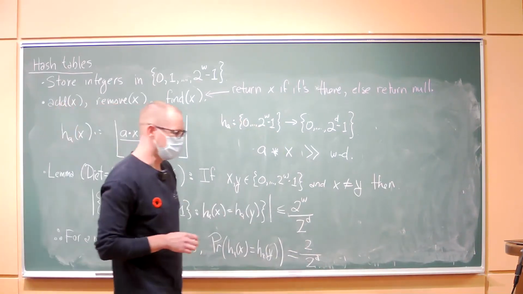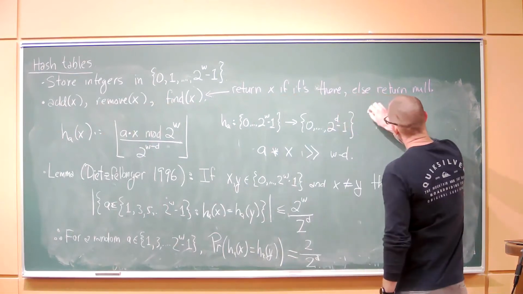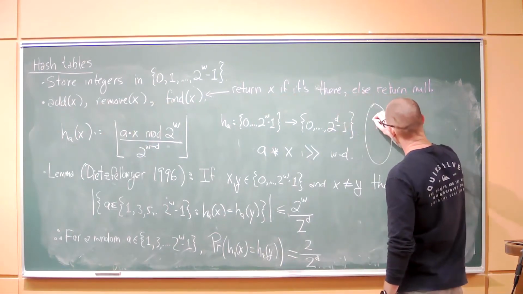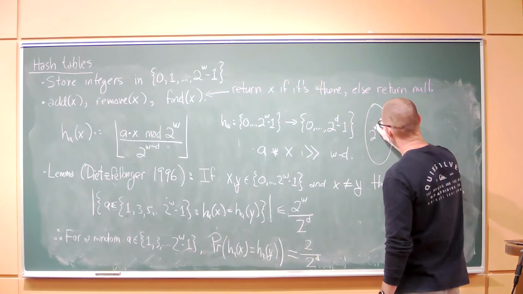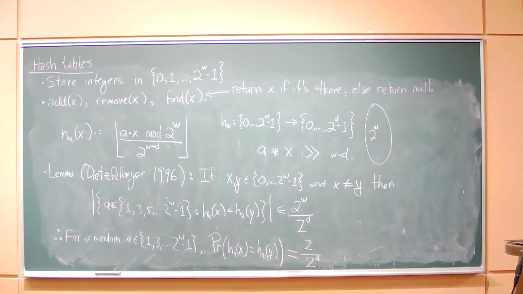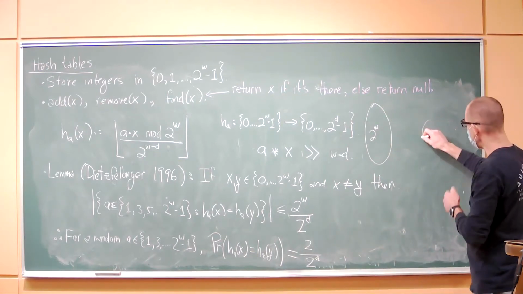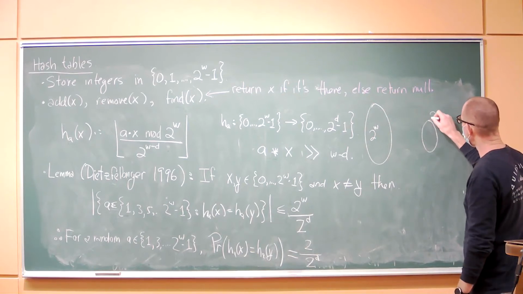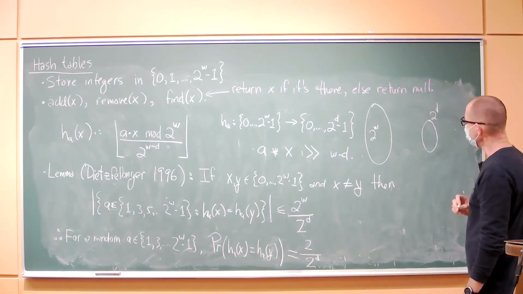So let's think about this for a bit. We have this big set over here of size 2 to the w. Those are the inputs to this hash function. It maps it down onto a small set of size 2 to the d.